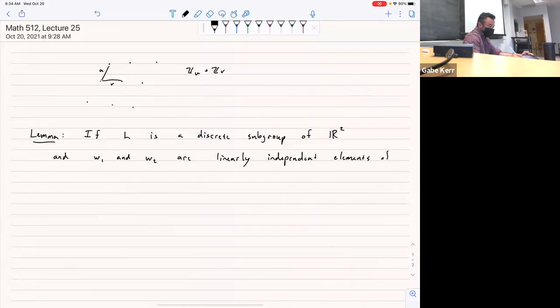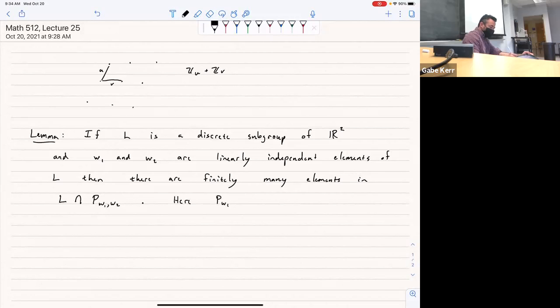Well, then for finitely many, the parallelogram P spanned by W1 and W2 contains only finitely many lattice points.